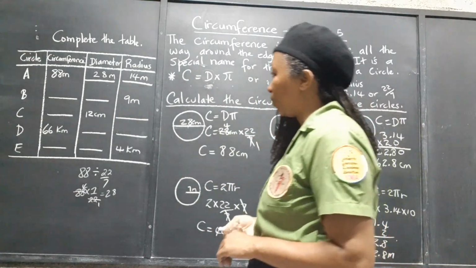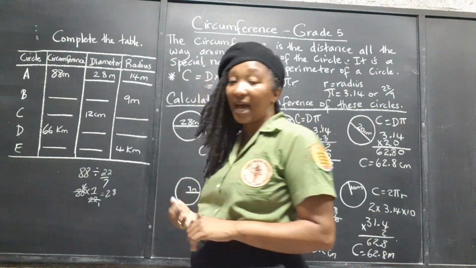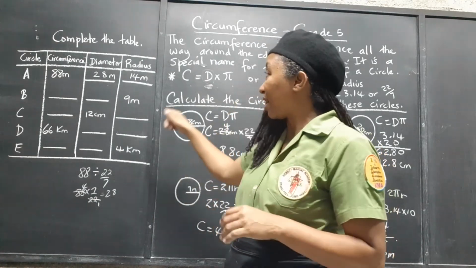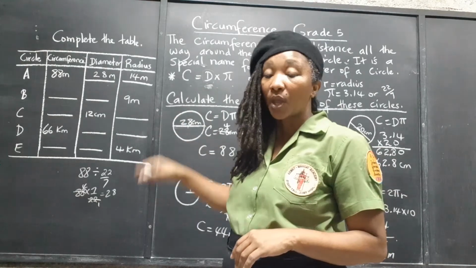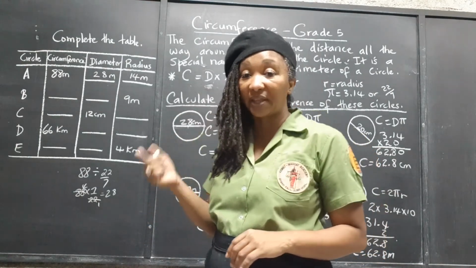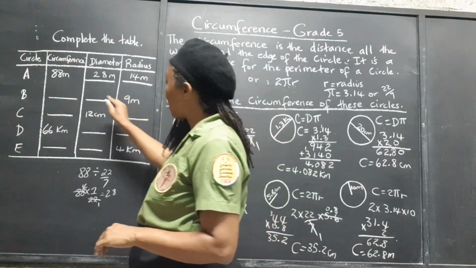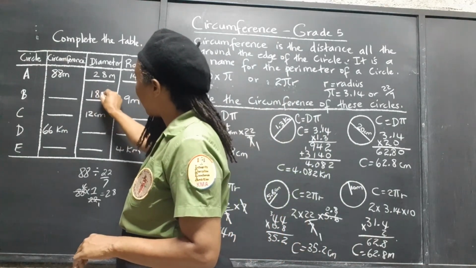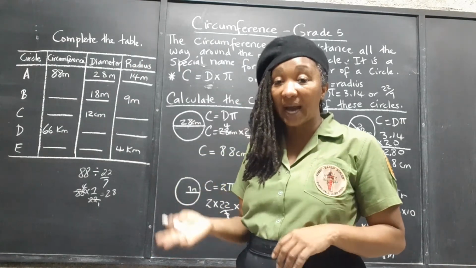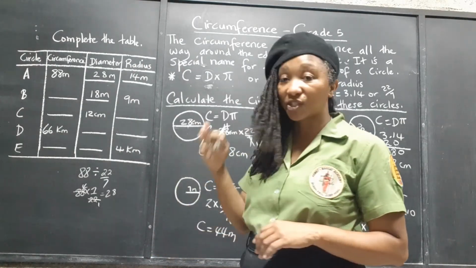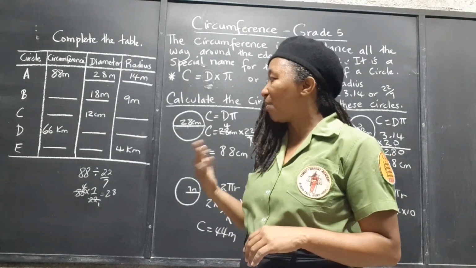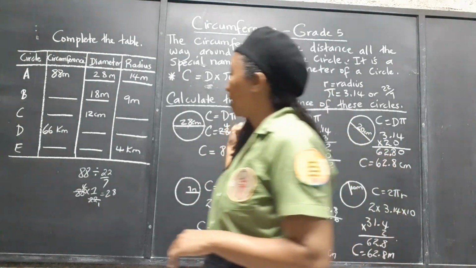Alright, this time they didn't give us the circumference, they didn't give us the diameter, they gave us the radius. Once we know the radius, we multiply it by 2 to get the diameter. So 9 times 2, the diameter is 18. And once we know the diameter, we multiply it by pi to get the circumference. Alright, so I'm going to use the decimal.